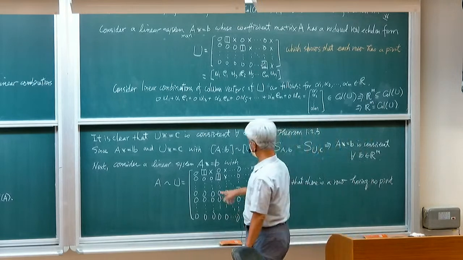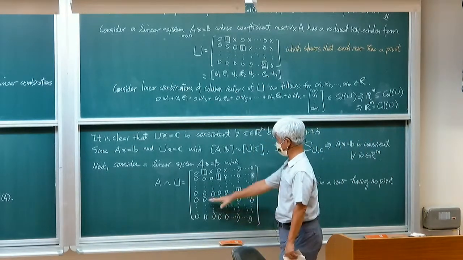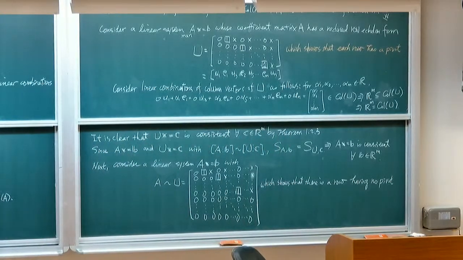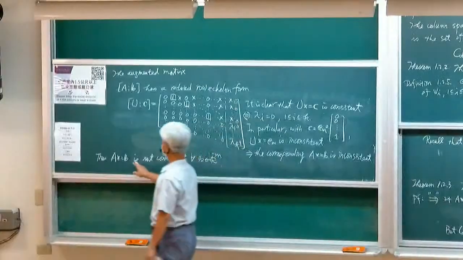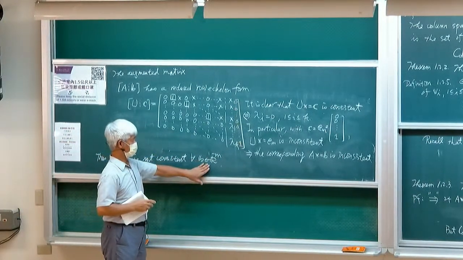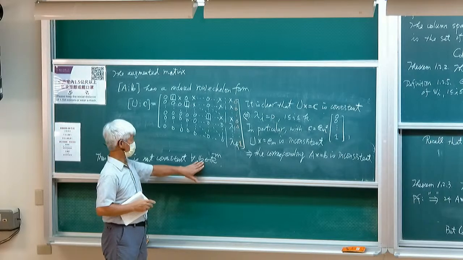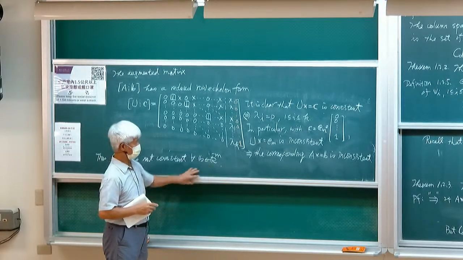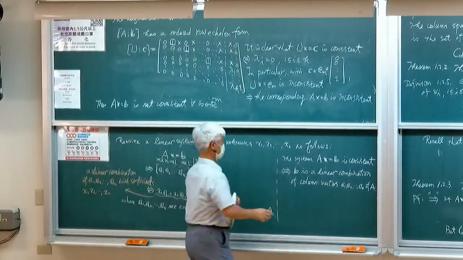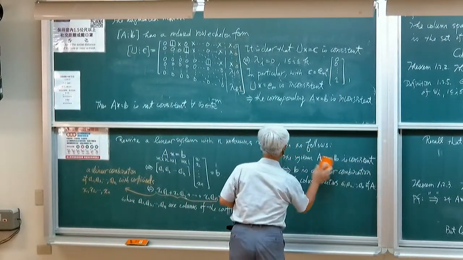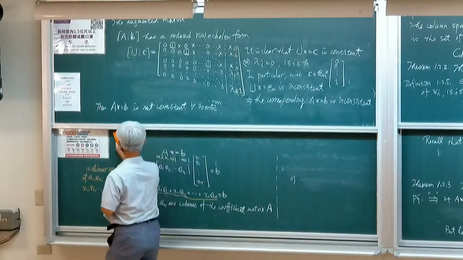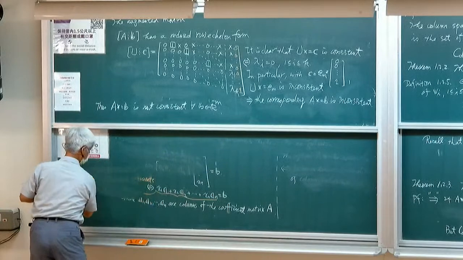But if we have this situation with 0 rows, then this linear system is not consistent for all B in the m-dimensional Euclidean space. And so we can write down a theorem as a conclusion.